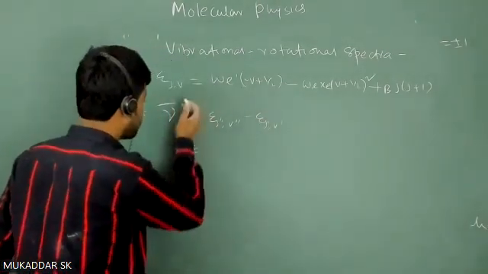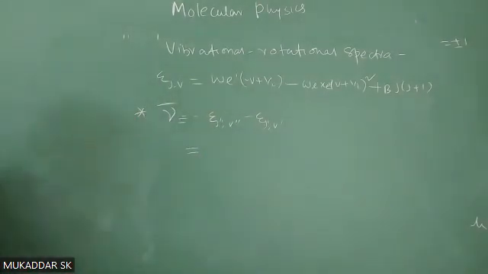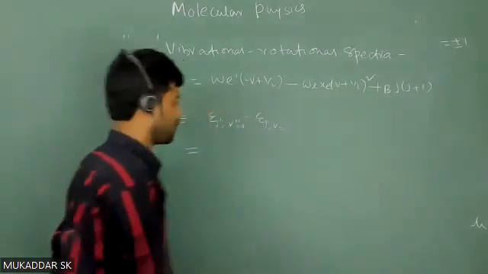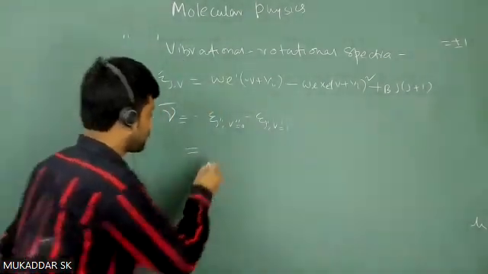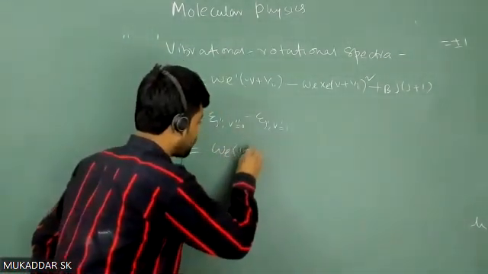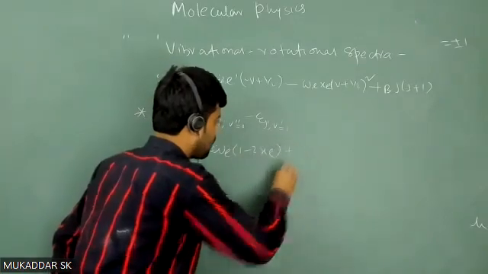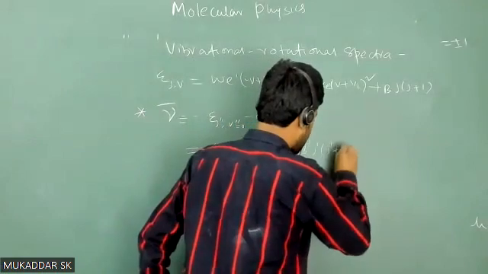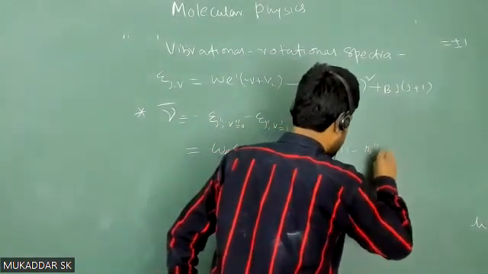If you apply the selection rule here, and restrict to v double prime equals 0 and v prime equals 1, then you will get omega e into 1 minus twice xe, and then B prime J prime into J prime plus 1 minus B double prime J double prime into J double prime plus 1.